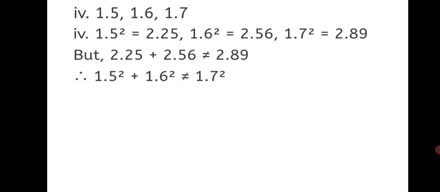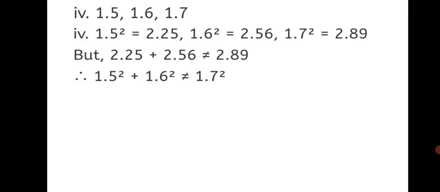Fourth sub question, we have 1.5, 1.6 and 1.7 as the sides of a triangle. Let's find the squares. 1.5 square is equal to 2.25, 1.6 square is equal to 2.56, and 1.7 square is equal to 2.89. On adding the squares of the smaller numbers, we get 2.25 plus 2.56, which is not equal to 2.89.